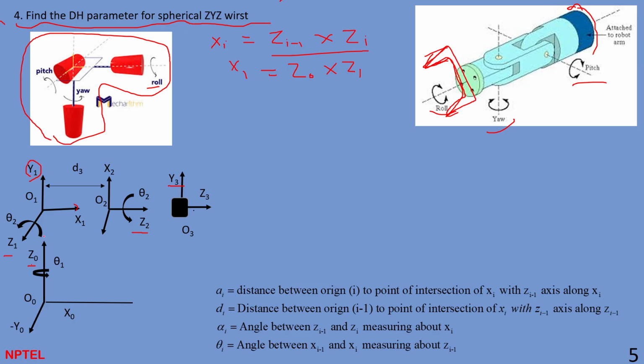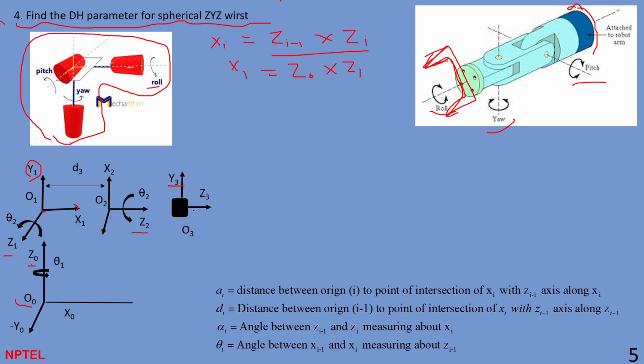Since you have calculated each frame, you can start naming the origins. O0 is the fixed frame, O1 the first frame, then the second frame.